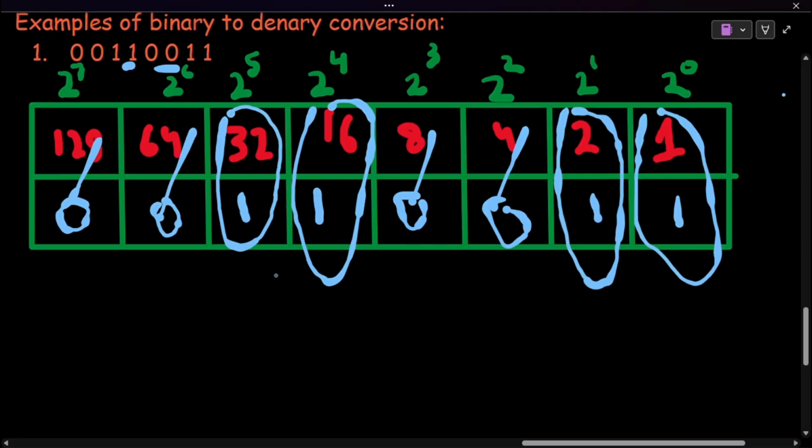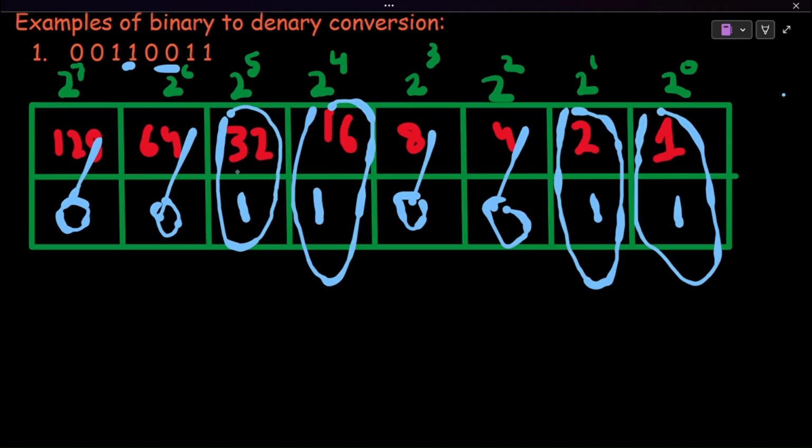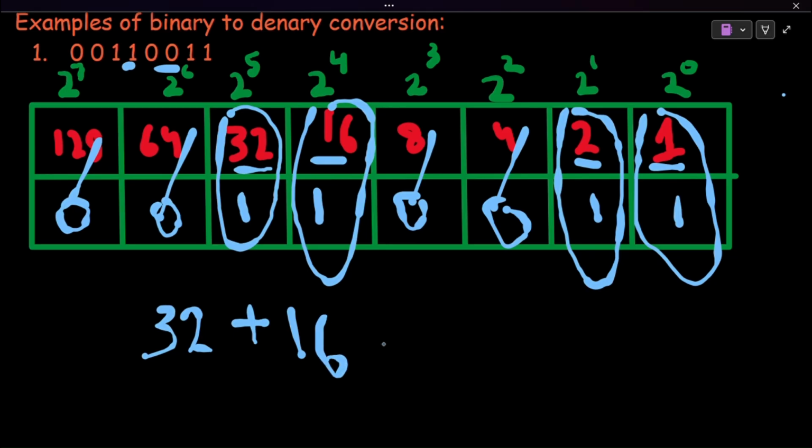Okay, now all the numbers that you have marked, we are going to add all of them. We have to add 32, 16, 2 and 1. So let's write 32 plus 16 plus 2 plus 1.